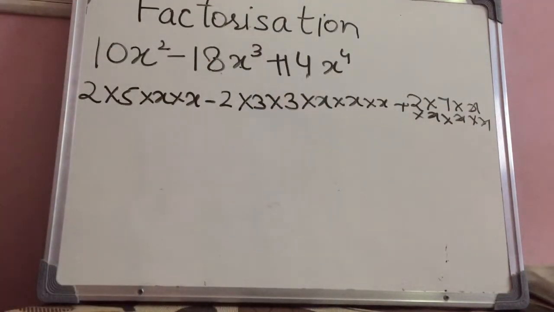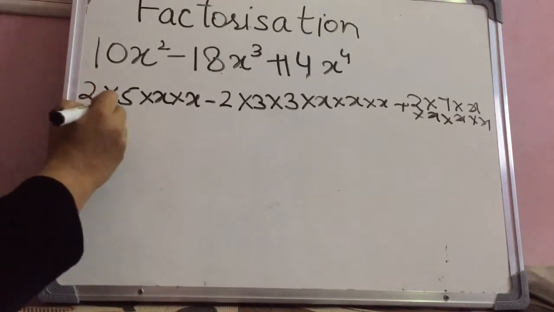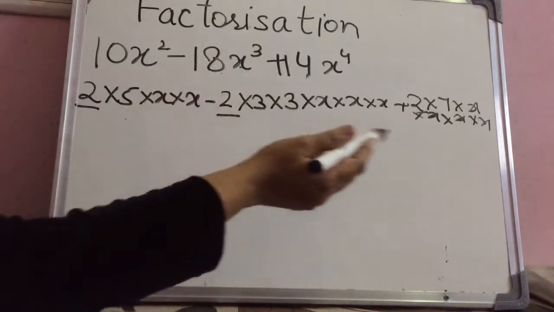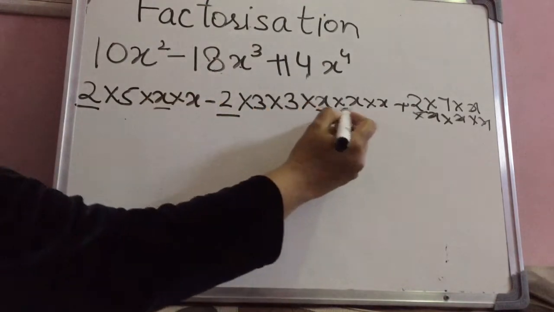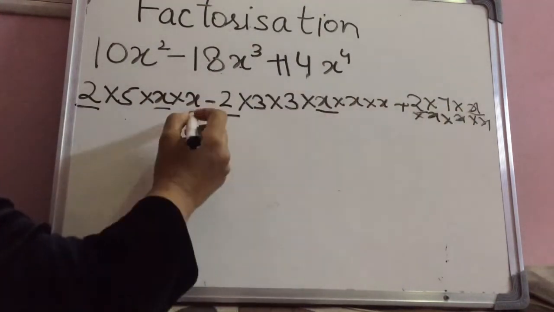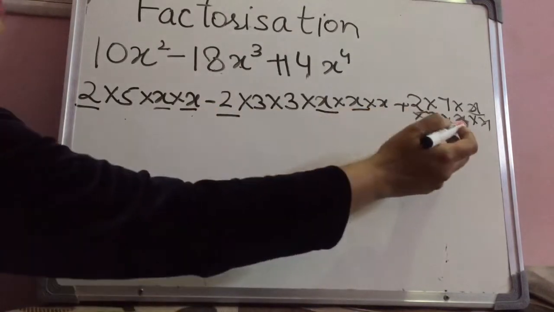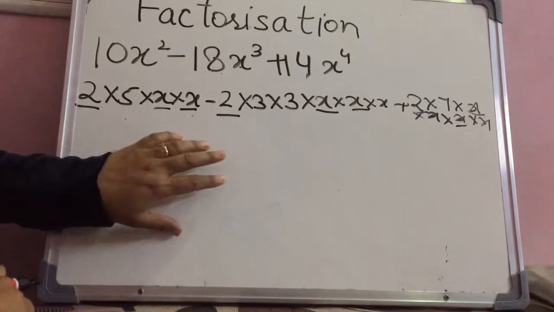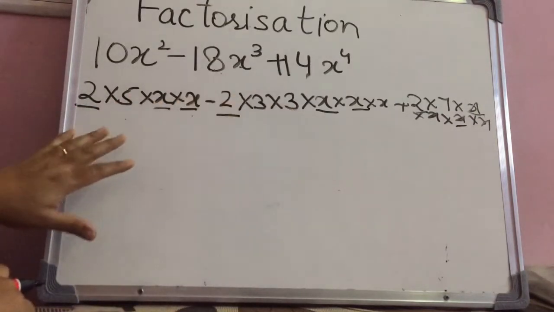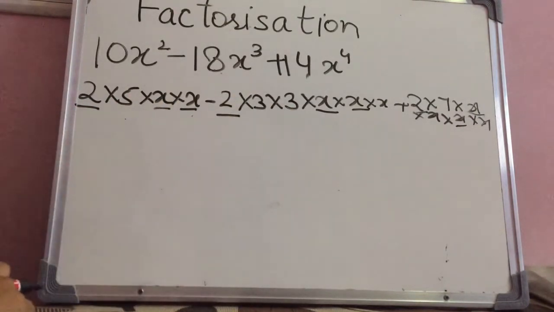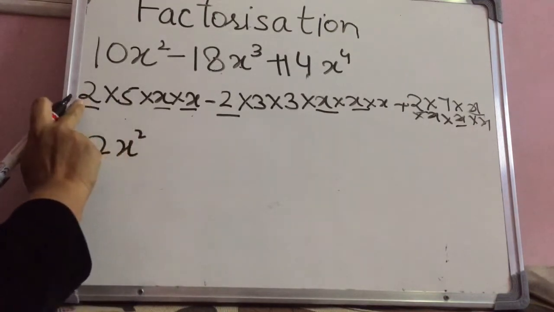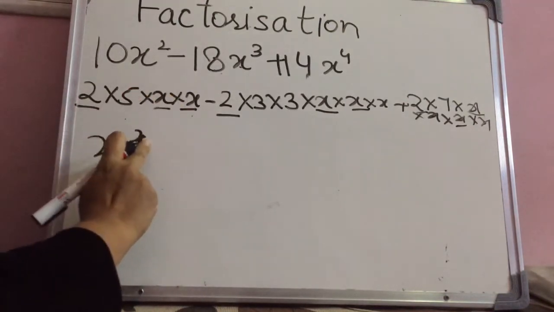Now we will underline the common factors. We have 2 in all the 3 terms. 5, no. We have x common in both of the terms. 2x common means x square. Again taking common factors out from the bracket and putting rest of the factors in the bracket. How we will do? 2x square is common. We see 2x into x is x square.